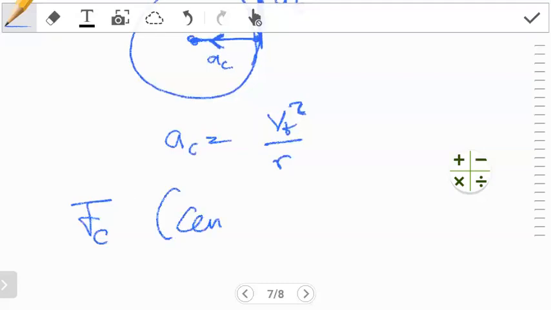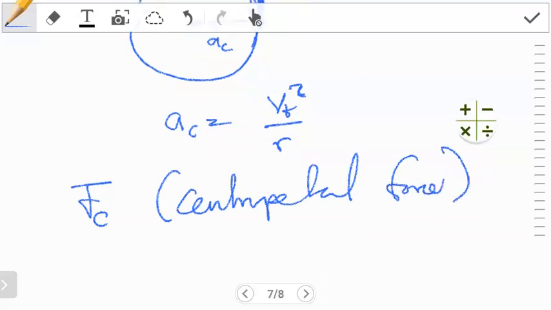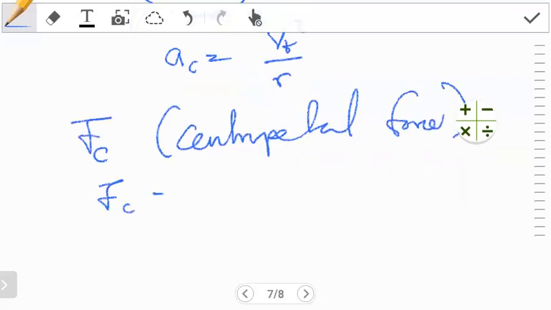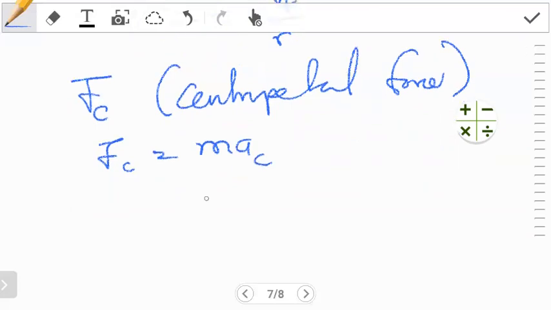From Newton's second law, force is equal to m times a, and the acceleration is in the direction of the force, so centripetal as well. Since we already know what the centripetal acceleration is, we substitute that here, then we have m vt squared over r. But earlier on, we did see that vt is just r omega.